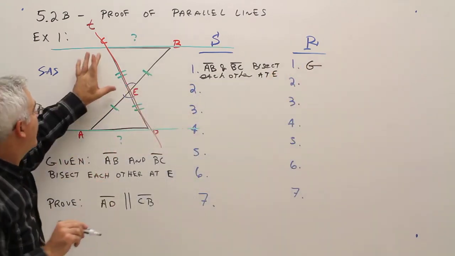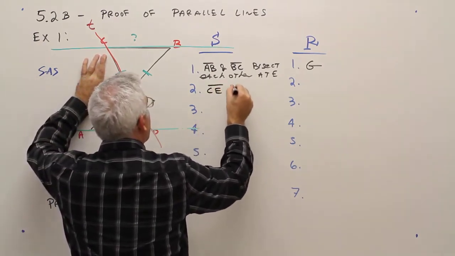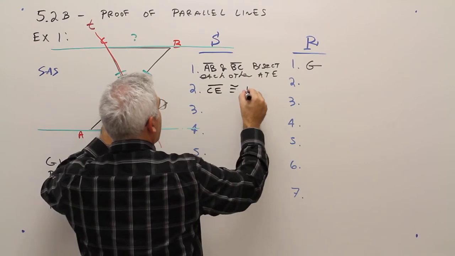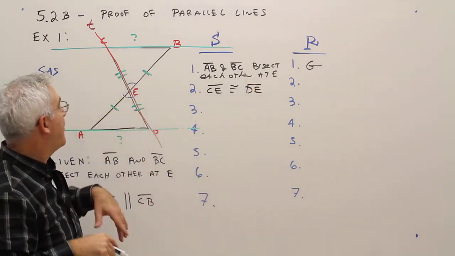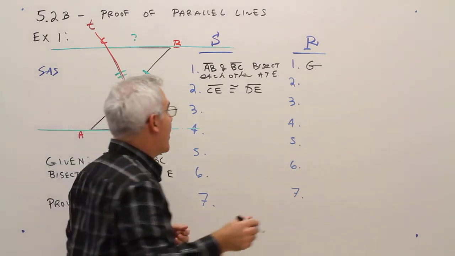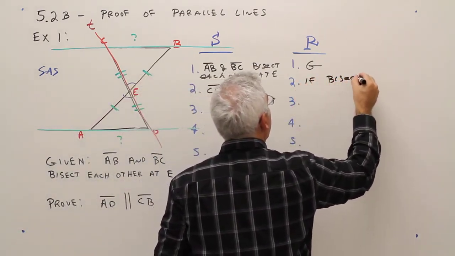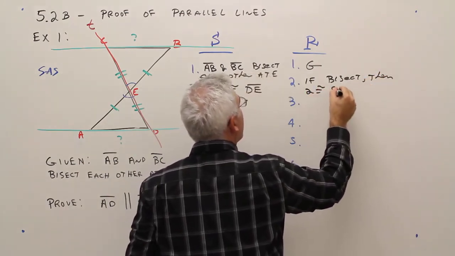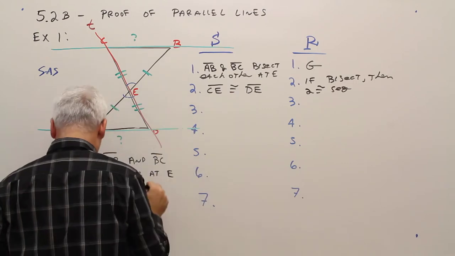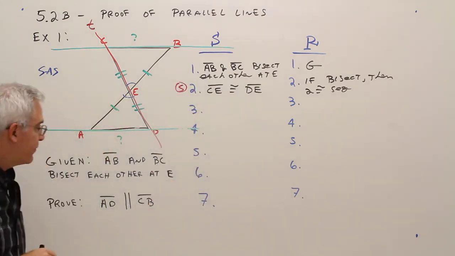From that, I could say CE is congruent to DE. And I could say if bisect, then 2 congruent segments, and I've got a side involved there.